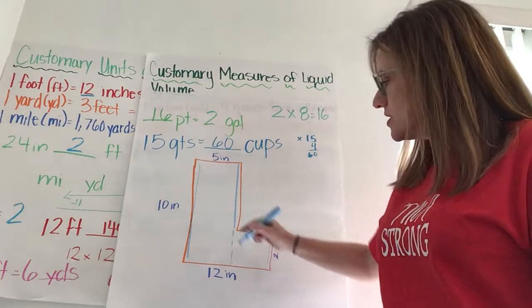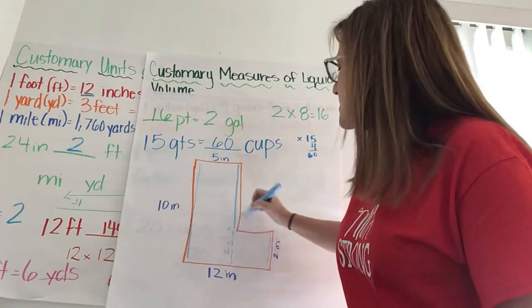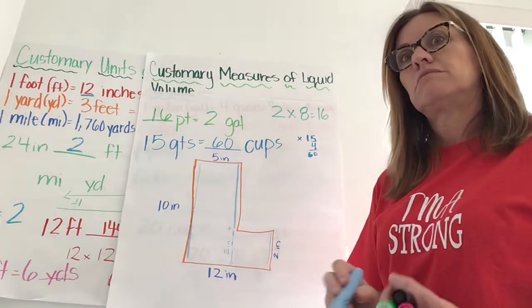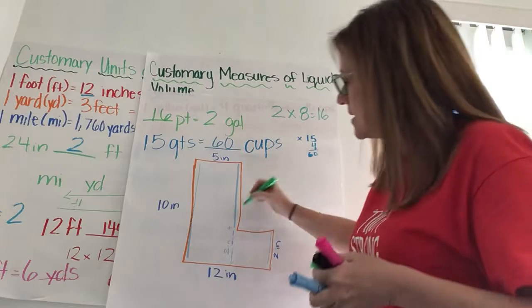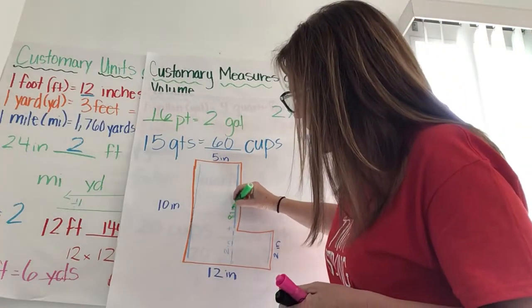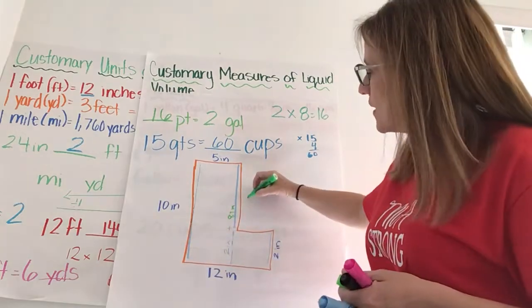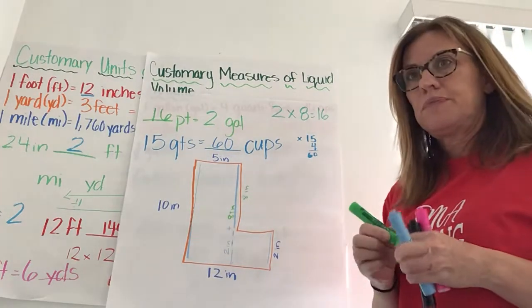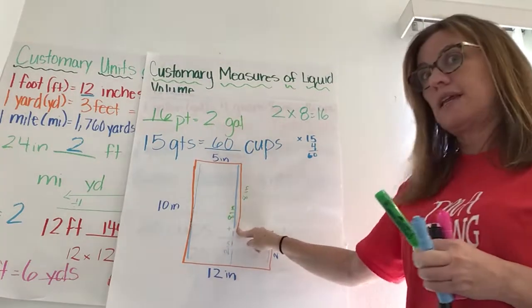This is 2 inches, so I know that this is 2 inches plus what is going to give me the 10 inches? 8. So 2 inches plus 8 inches. Now 2 plus 8 is 10, which is the same as this side. So I know that this little box right here is 8 inches. That line right there to here is 8 inches.